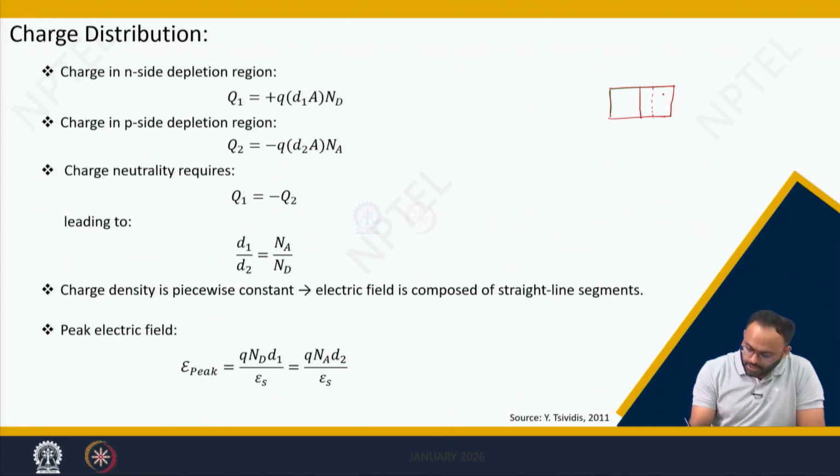The expansion of the depletion region on the N plus side is D1 and the expansion of the depletion region on the P side is D2. This is P and this is a 3D structure as we have already discussed in the previous lecture. So the overall charge in this region is Q1, which is nothing but Q times Nd times D1 times area.